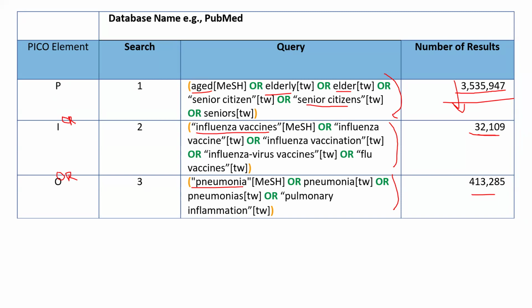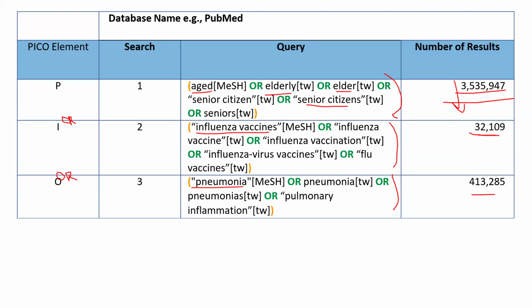You could type in the chat if you could tell us how many studies we would be getting. Type in the chat the total number of studies we would get if we use a joining word of OR for all those key terms.